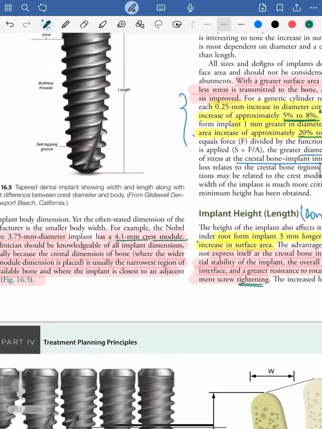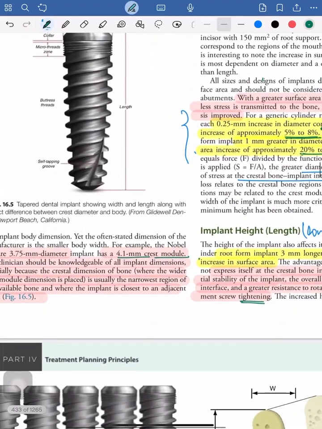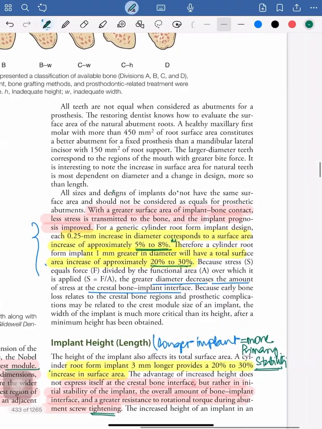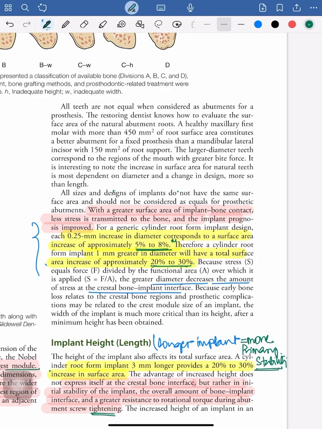Why is the width of the implant important? Because with greater surface area of the implant, the bone contact is improved, and if the bone contact is improved, there is less stress on the prosthesis. So more surface area is equal to less stress. From standard 11th grade physics, we all know that stress is equal to force per unit area.